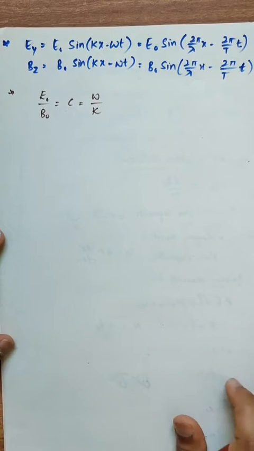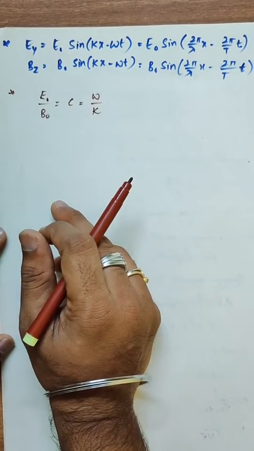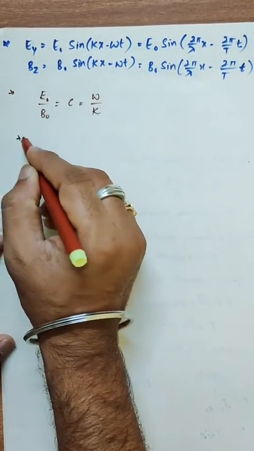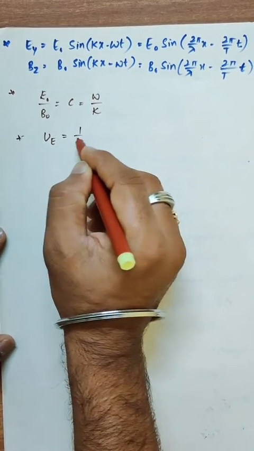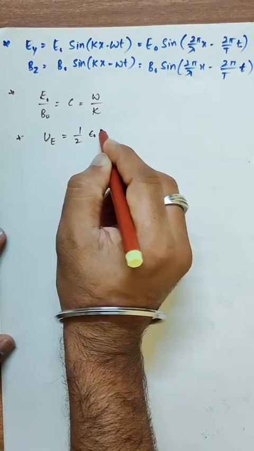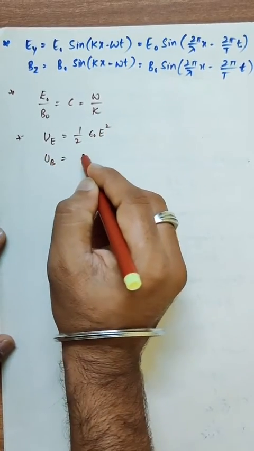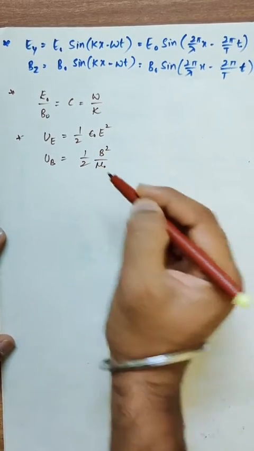Next property is about the average energy density. We know that an electromagnetic wave carries energy. The energy densities in the electric and magnetic fields are given by U E is equal to half epsilon naught E square, and similarly U B is equal to half B square by mu naught.